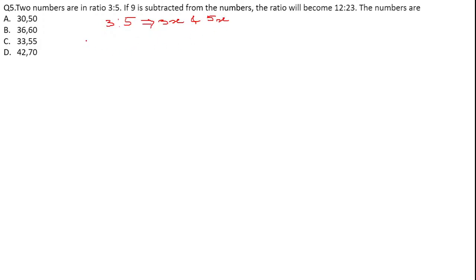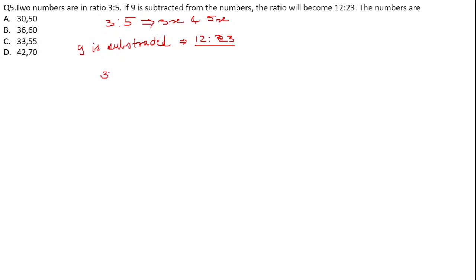And in the second statement they have said 9 is subtracted. And after that we got 12:23 as ratio. So let's use these inputs and find what we can do.